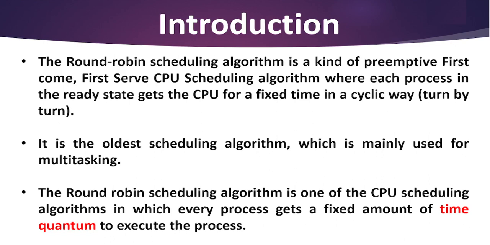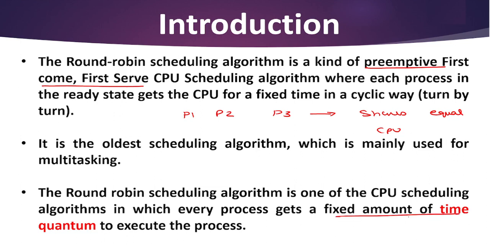Remember one point, the round robin scheduling algorithm is the preemptive type of first come first serve algorithm. We have discussed this already. Round robin scheduling is fair in that every process gets an equal share of CPU. Let's say we have three processes P1, P2, and P3. Every process shares the CPU equally. That means in round robin scheduling, there is a fixed amount of time for every process, that is called the time quantum.